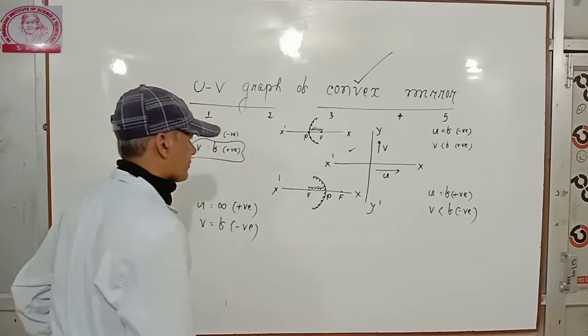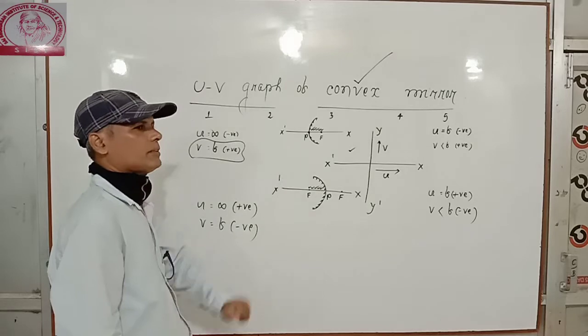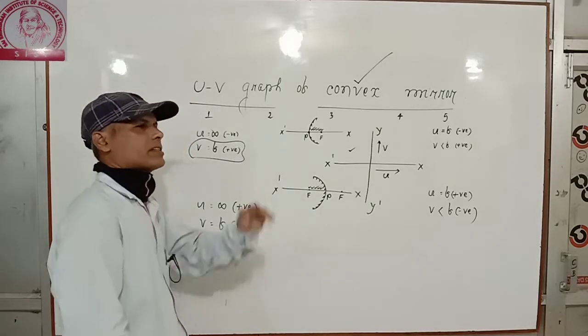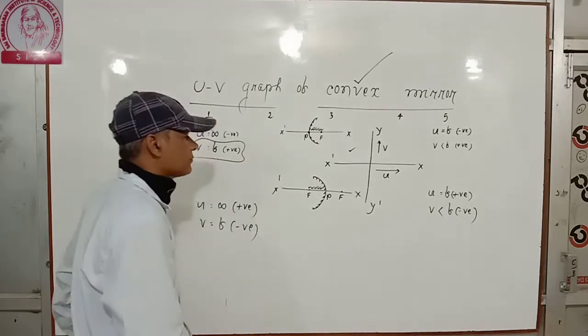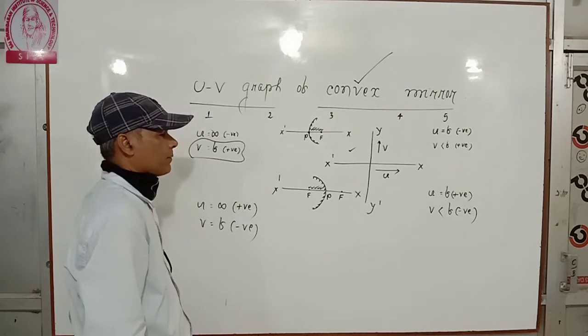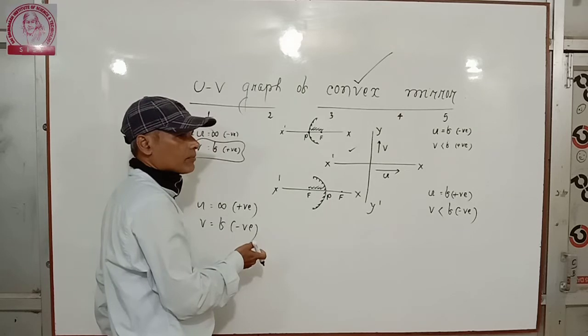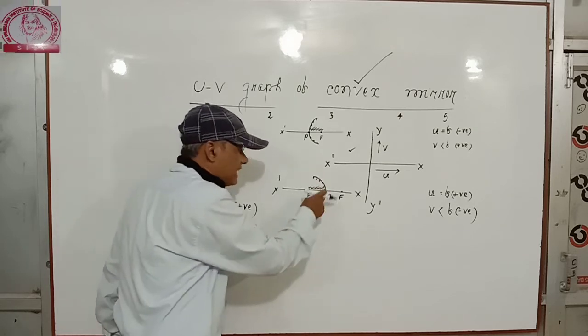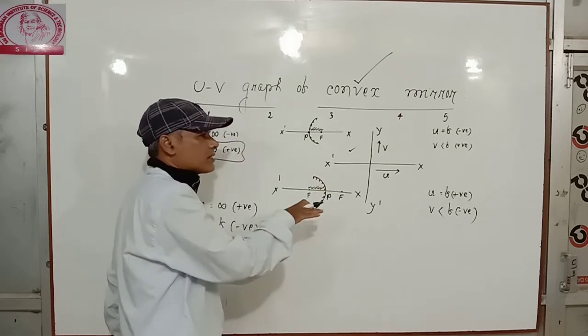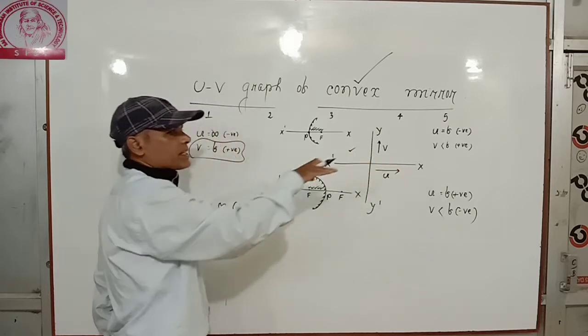But a person can draw the same ray diagram facing the reflecting surface towards the positive x-axis.